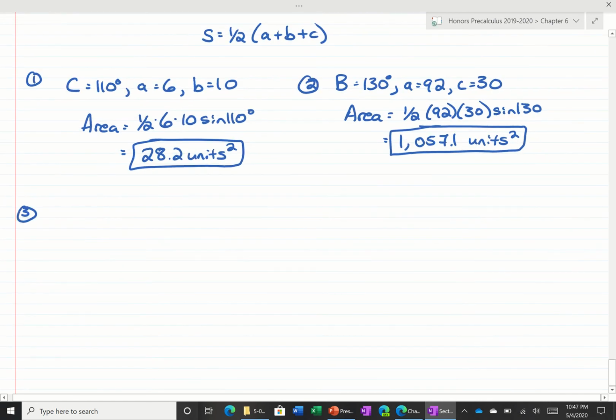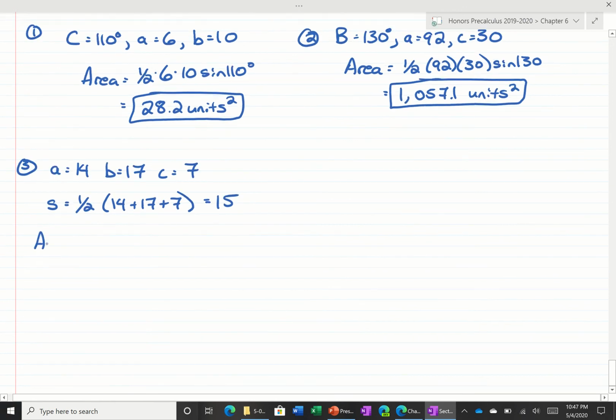For number 3, we know side A is 14, side B is 17, and side C is 7. So we have 3 sides, Heron's formula. So let's find S by doing 1/2 of 14 plus 17 plus 7, which is 19, I'm sorry, not 15.